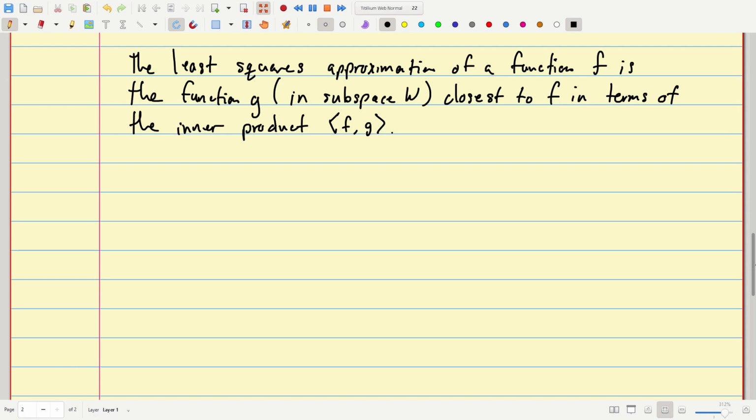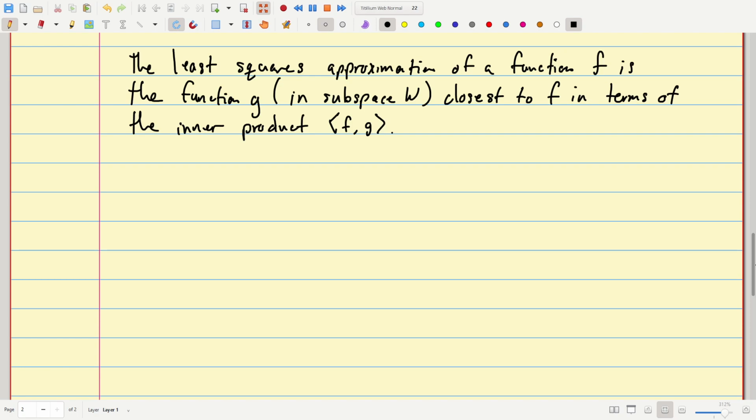So, returning to this question here, if I have some function g that lives in the subspace W, that's the least squares approximation, is that the vector that is the closest to f in terms of the inner product? By definition, yes.